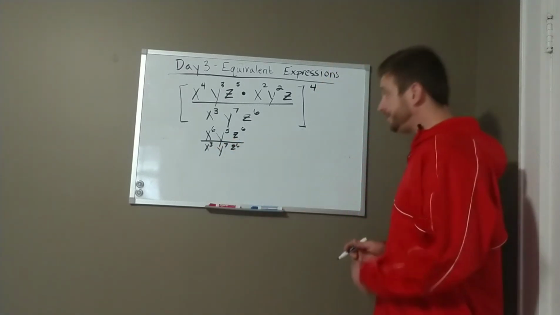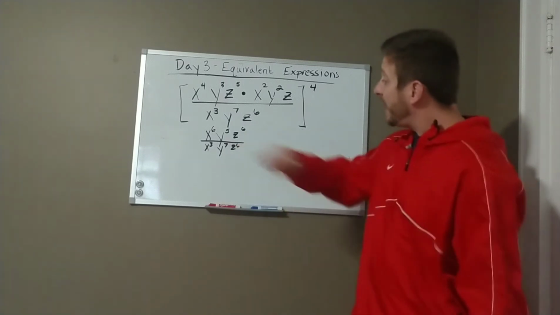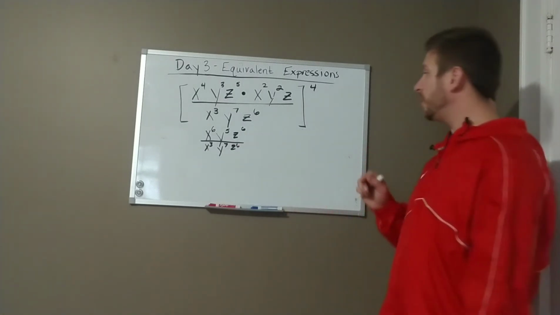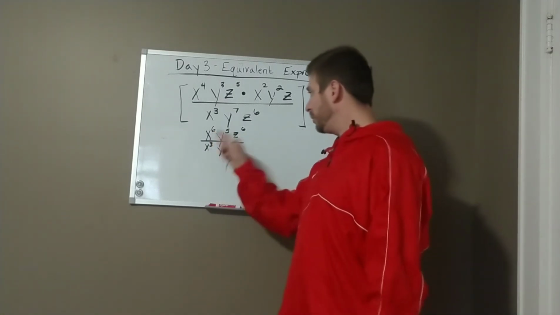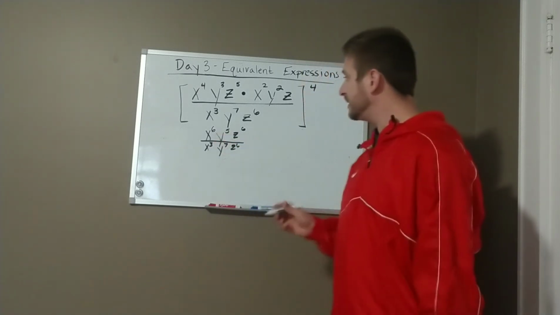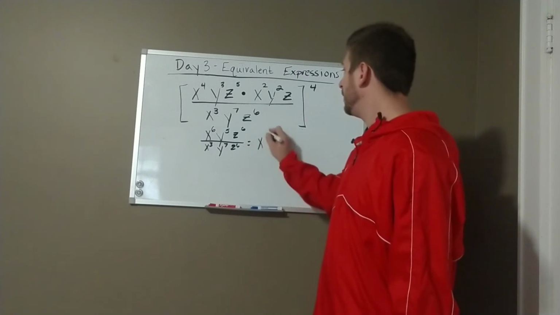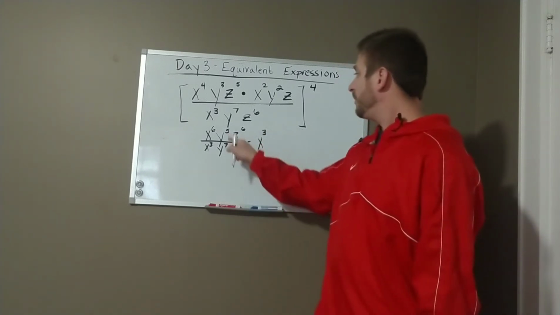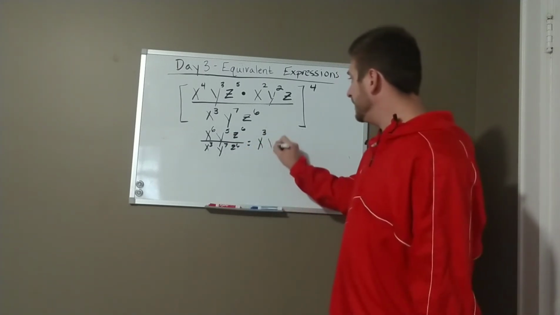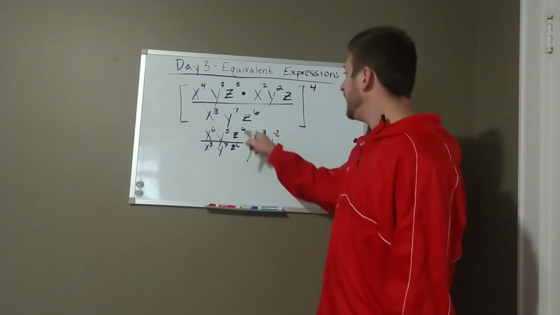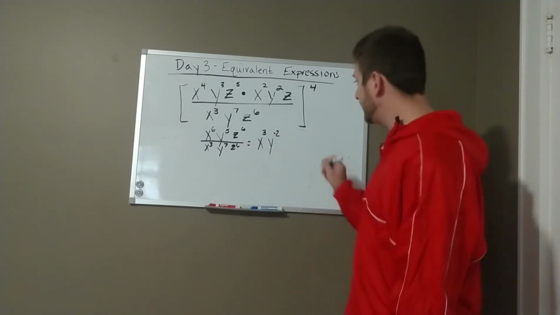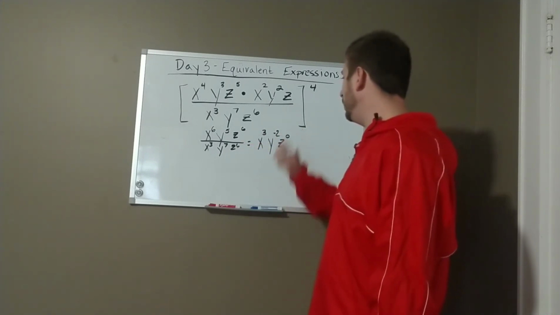Next step in the song. When dividing same bases, you subtract. So we are going to subtract x to the sixth over x to the third. 6 minus 3 is 3. 5 minus 7 is negative 2. And z to the 6 over z to the 6 gives us z to the 0.